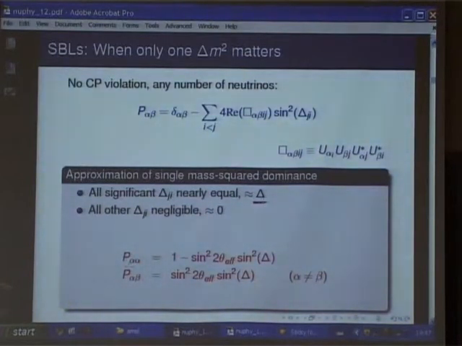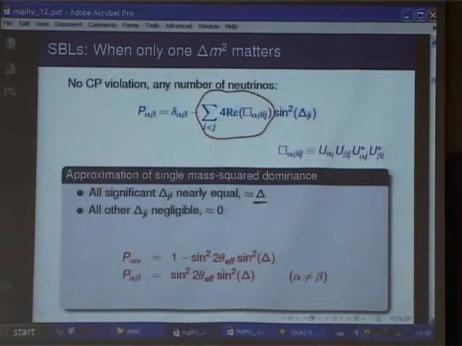Therefore, I can always write my survival probability as 1 minus something, that something being whatever this part is, times sine square delta. Similarly, if I want to find the probability of conversion, it will be some number times sine square delta. Whatever this is, we call it sine square 2 theta. It will be some number between 0 and 1, therefore we can call it sine square theta.